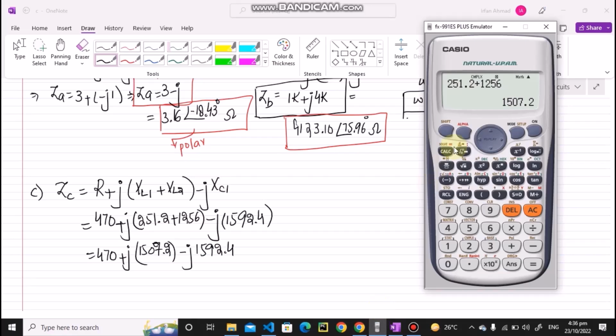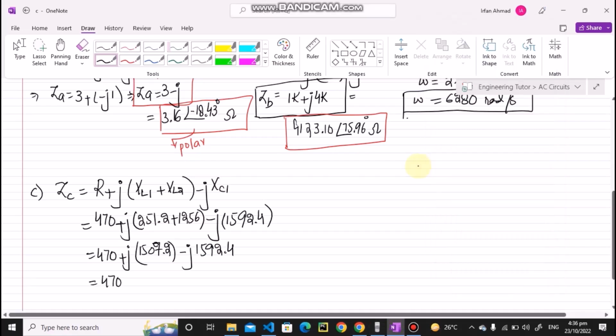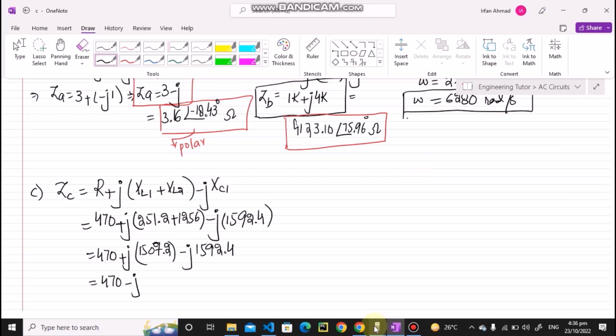So now we have this quantity which is 1507.2, and we have to subtract from it 1592.4 to simplify this equation. So here I will have minus 85.2, so 470 minus j 85.2.